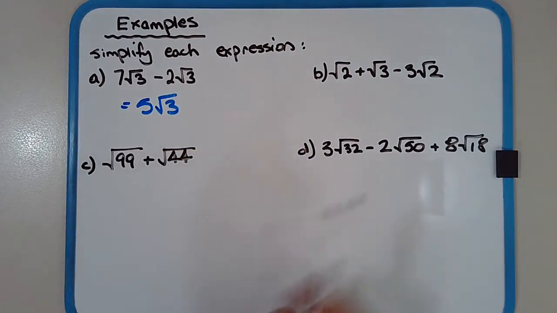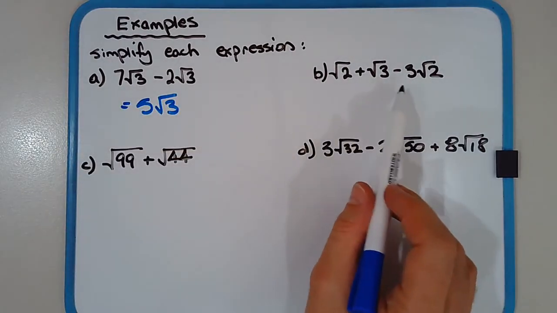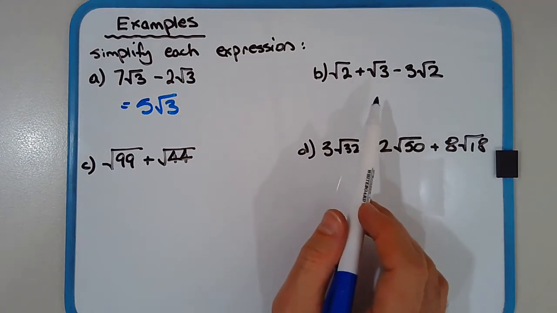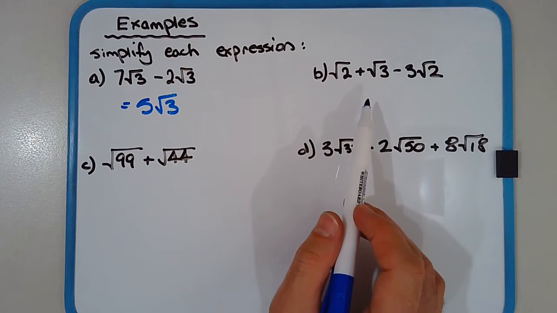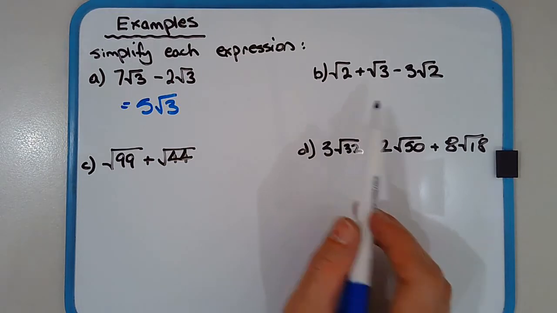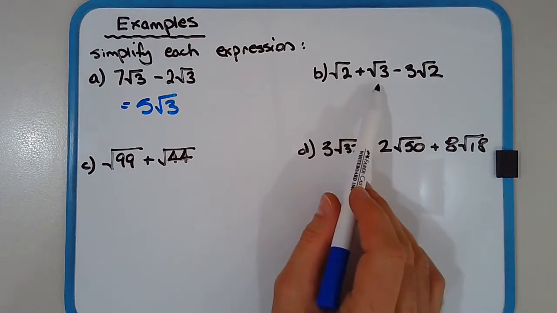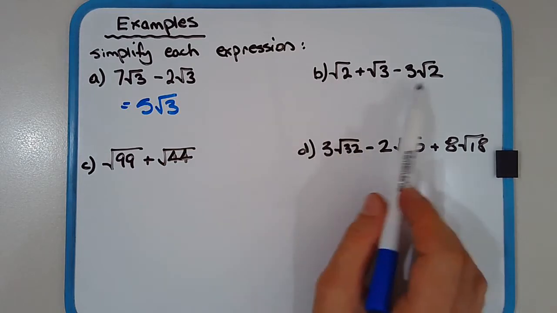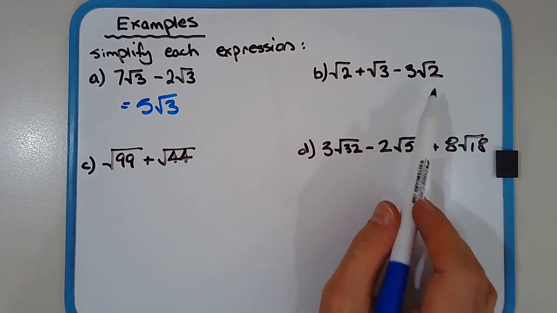Root 2 plus root 3 minus 3 root 2. Again, as per the explanation in the theory, root 2 and root 3 are not like terms. We can't combine those. But root 2 and negative 3 root 2 can be combined.